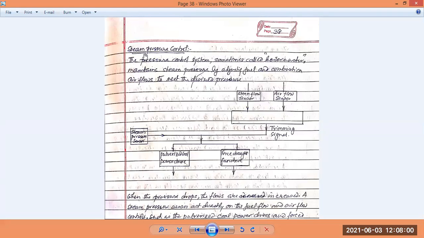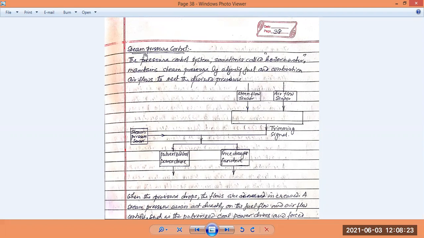But the fuel you are supplying again and again, that is the coal, and the air which is required to supply the oxygen for burning, you have to supply continuously. So you are supposed to control these two parameters if you want to control the generation of steam in volume and in pressure.